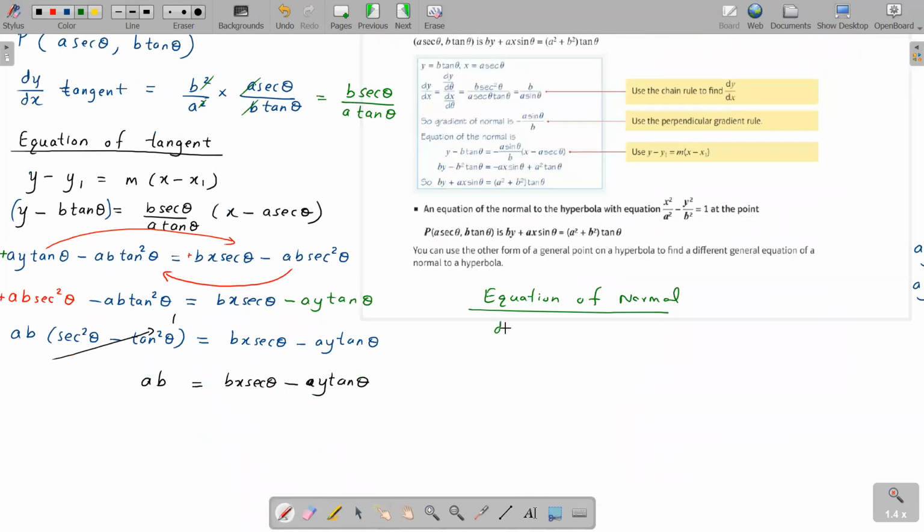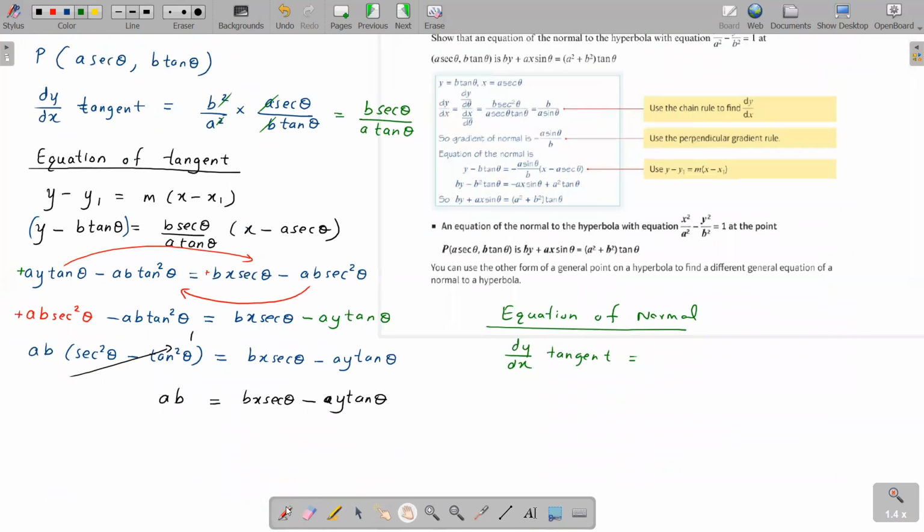So let's start with the dy by dx of the tangent. What was it? I have it here on top: b sec theta over a tan theta. Now I want the dy by dx of the normal.